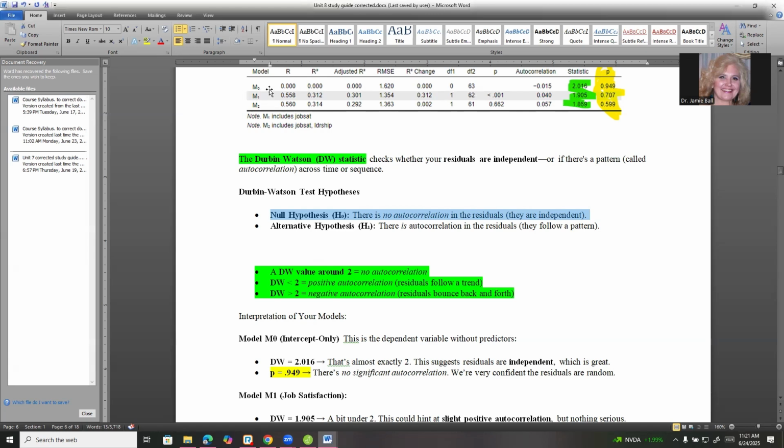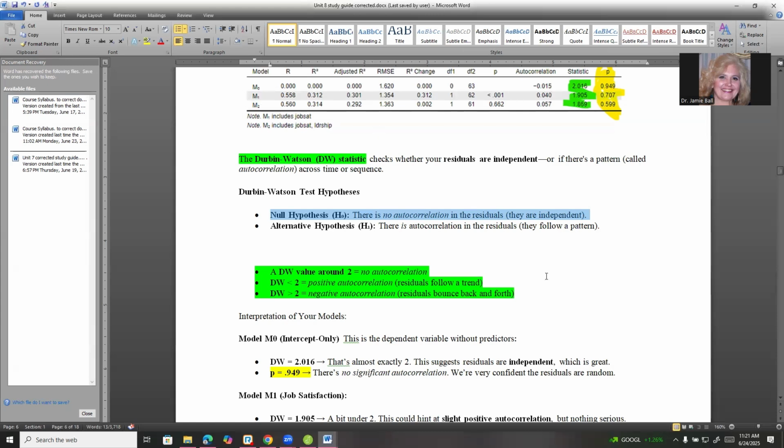But if we get less than that, the assumption is violated for that model. Remember, I'm not so concerned about model 0 because it's only an independent variable. Of course, there's no autocorrelation. But here's model 1, and that's just job satisfaction. And the DW statistic is 1.905. P equals 0.707. So that assumption's met for model 1.